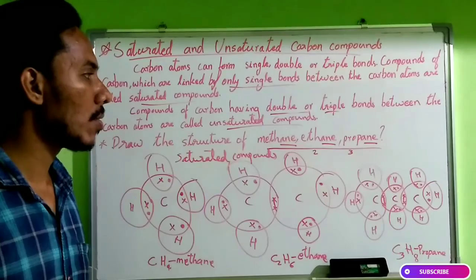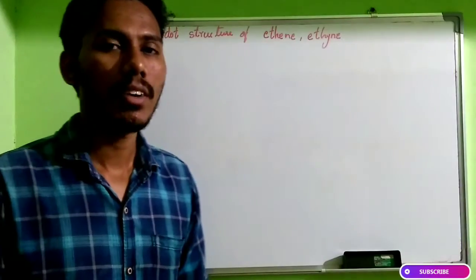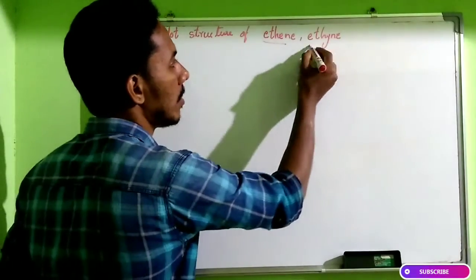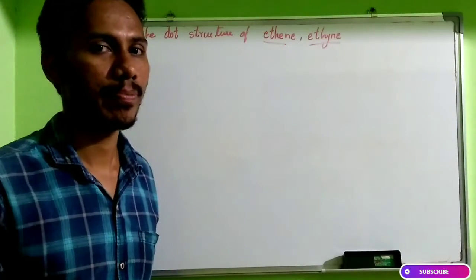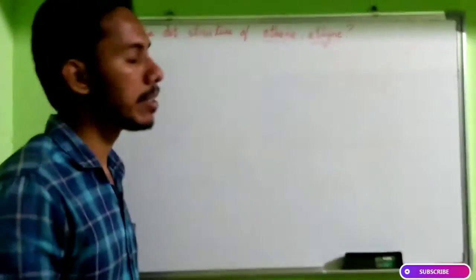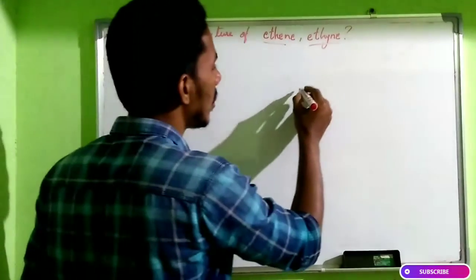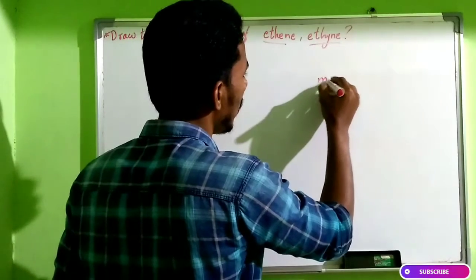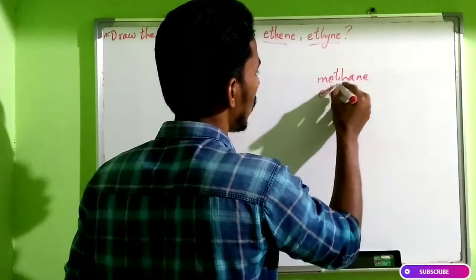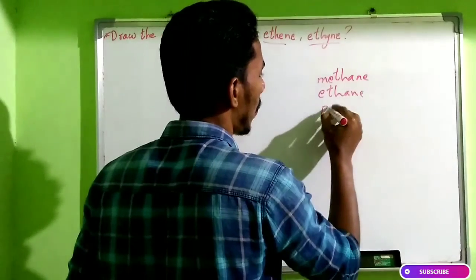Then let us draw the other structures. Our next question: draw the structure of ethene and ethyne. In the previous question we discussed methane, ethane and propane.